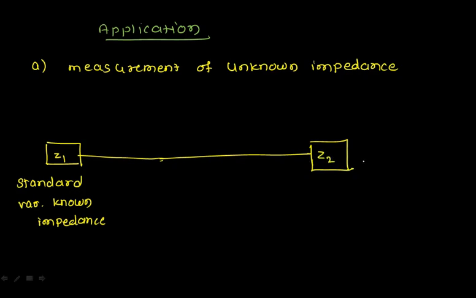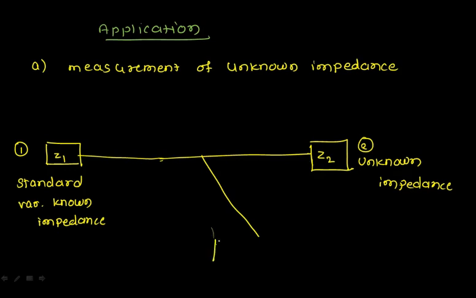So this is your unknown impedance. If these are the two ports, port number 1 and port number 2, your port number 3 is this one. Now connect the microwave source to port number 3.